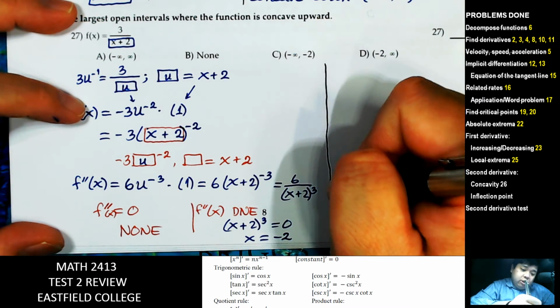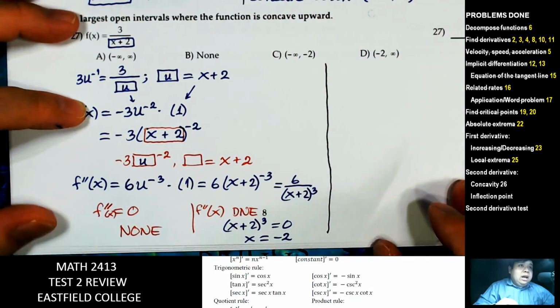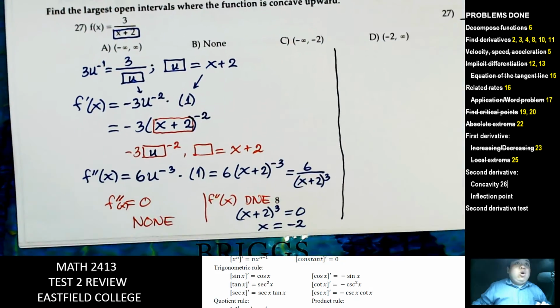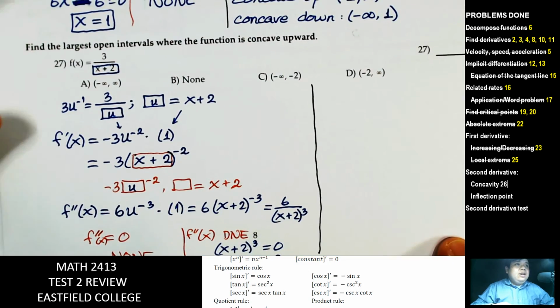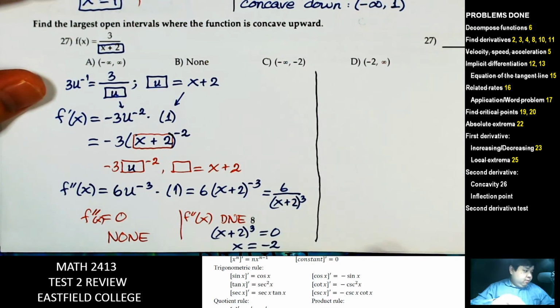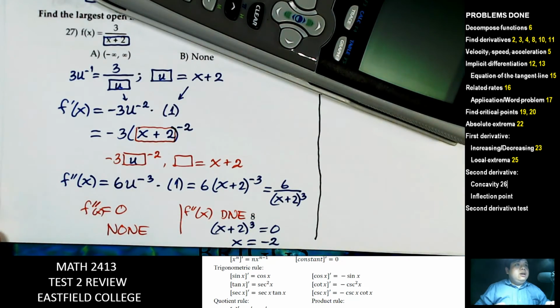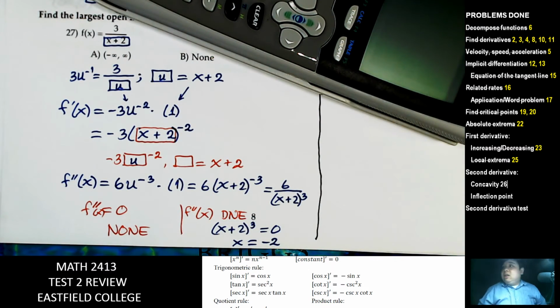Next we're going to do the sign chart and test with the second derivative for this function. I'm not going to do that. So that is 27. Not completely finished, but yeah, when we have this, we do the sign chart. That should be easy.